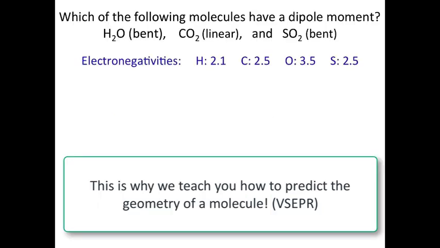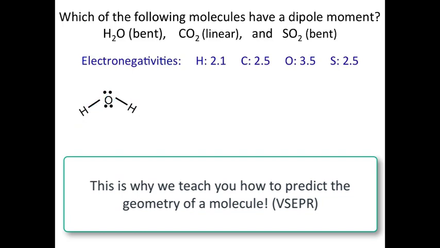Okay, so the question I can ask you about this at the moment is which of the following molecules has a dipole moment? And depending on how the class is organized, you may know how to do this or you may not, but I'll just tell you the geometries anyways for now. So H2O is bent, so the first thing you should do is draw the structure. Might as well draw the Lewis structure, because usually I pair these questions together in some form. So I drew it to represent a bent geometry, and what we mean by that is that this is not straight, right?